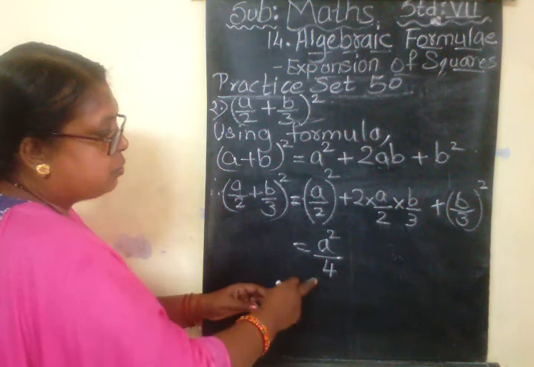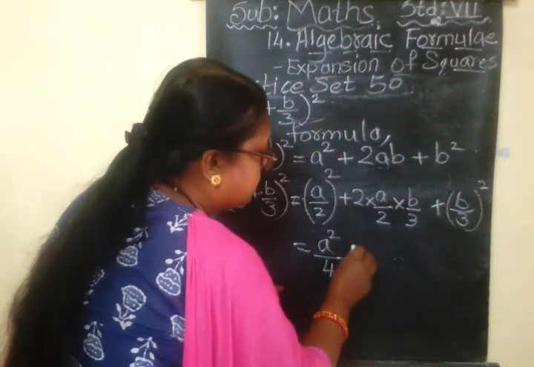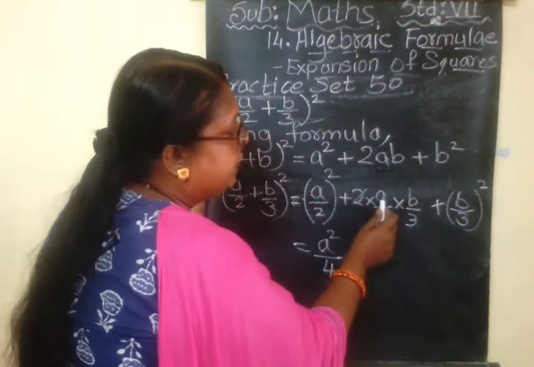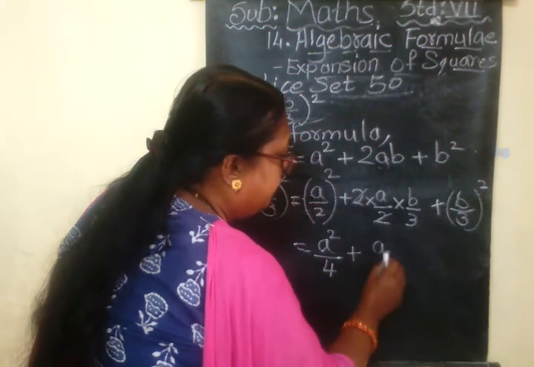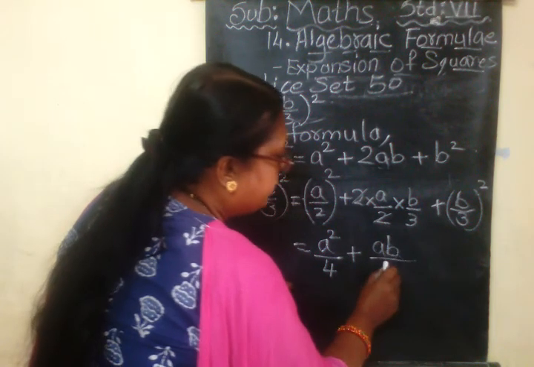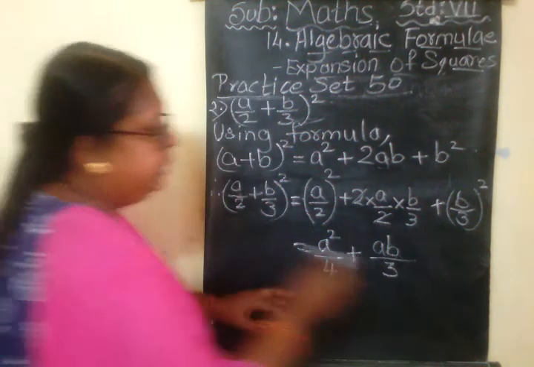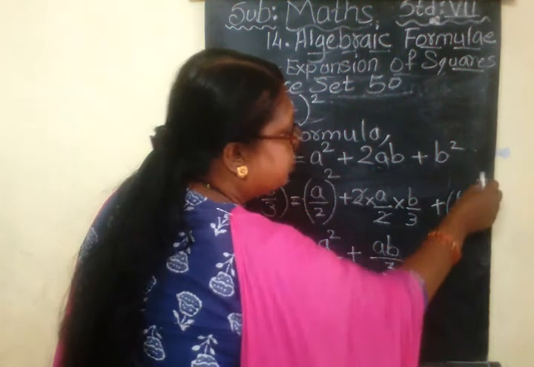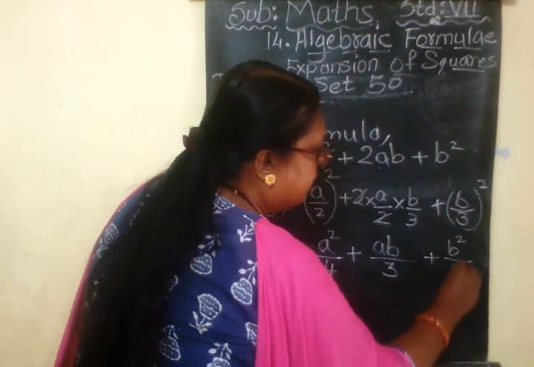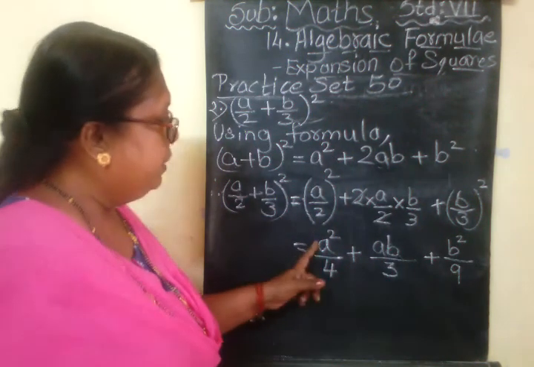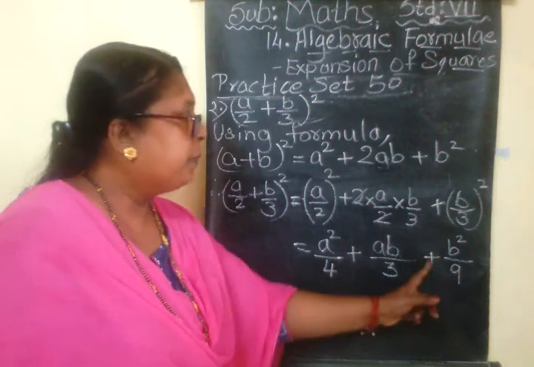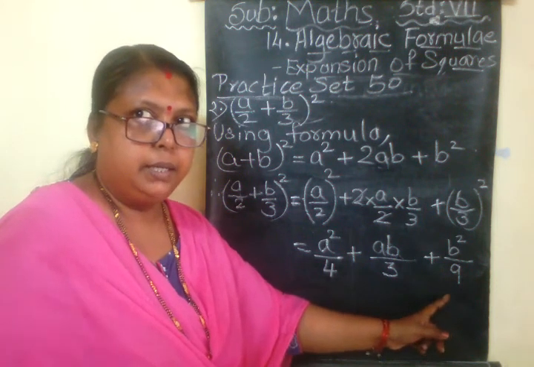So the answer comes to be a square upon 4 plus. Now here 2 and 2 get cancelled. So in the numerator remains a into b, that is ab, upon 3, so ab upon 3, plus b square upon 3 square, that is 9. So your answer comes to be a square upon 4 plus ab upon 3 plus b square upon 9.